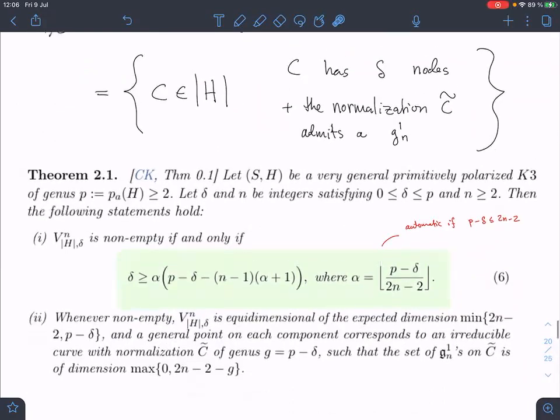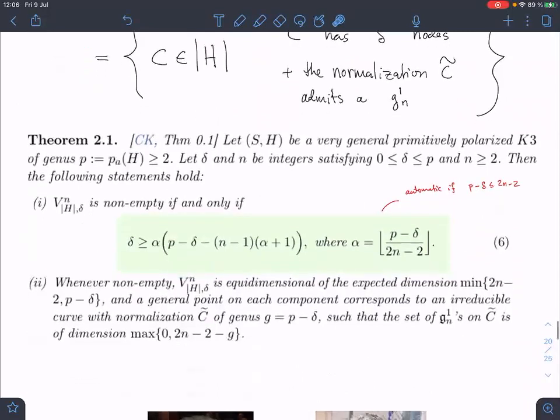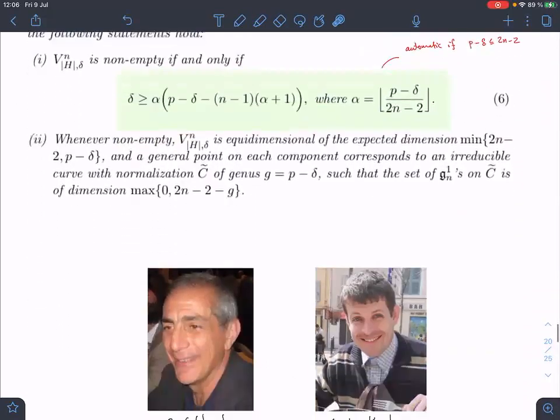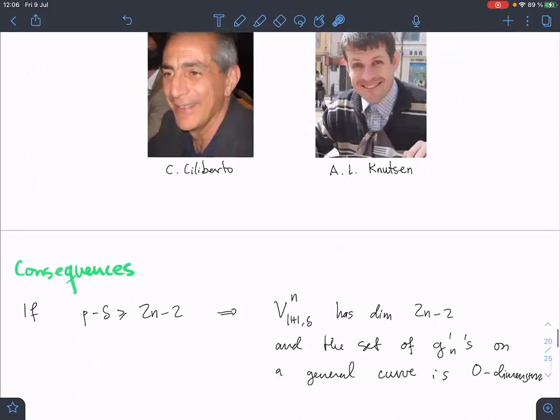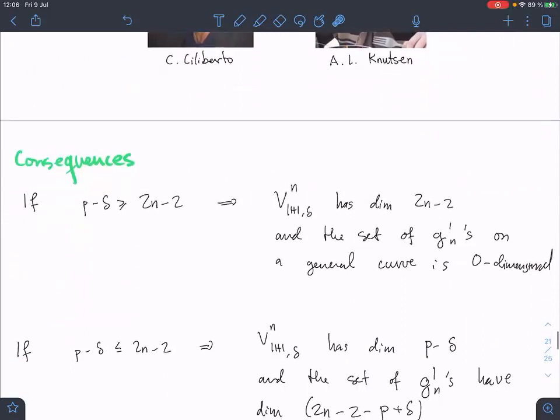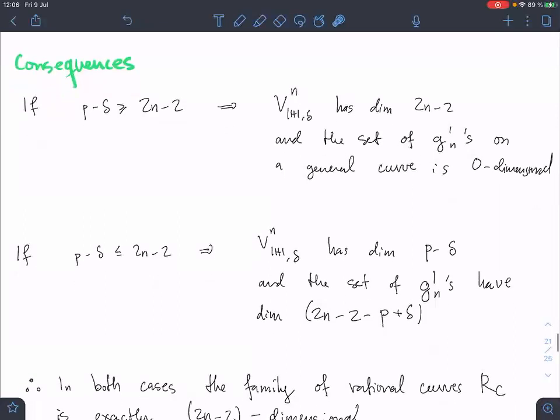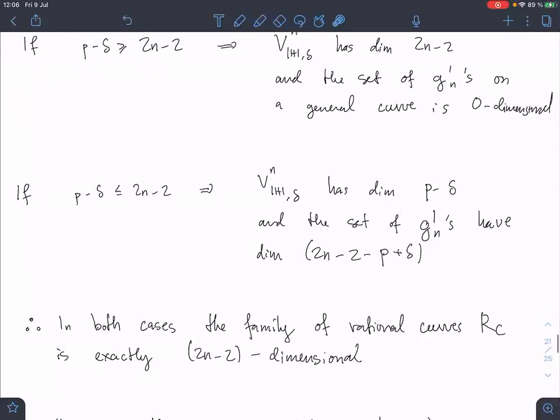Okay, so let me not focus too much on this, I'll put them in the lecture notes. But this is the main idea anyway. We produce rational curves by looking at singular curves on the K3 and linear systems on the normalizations. And then we have to check that this is of the right dimension.